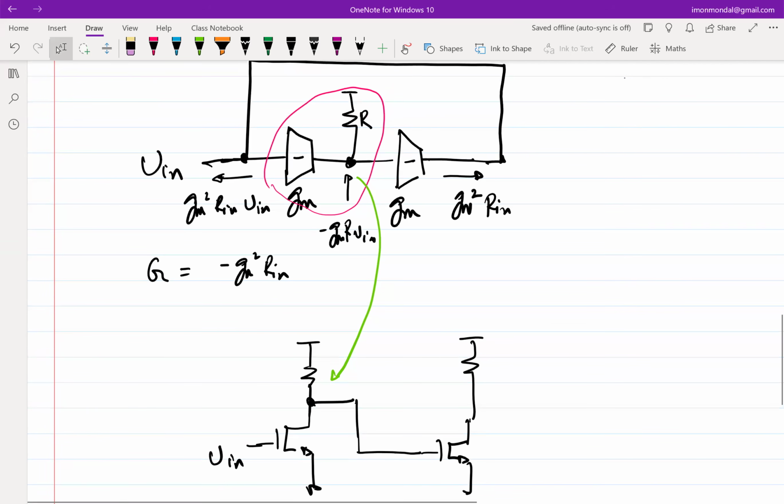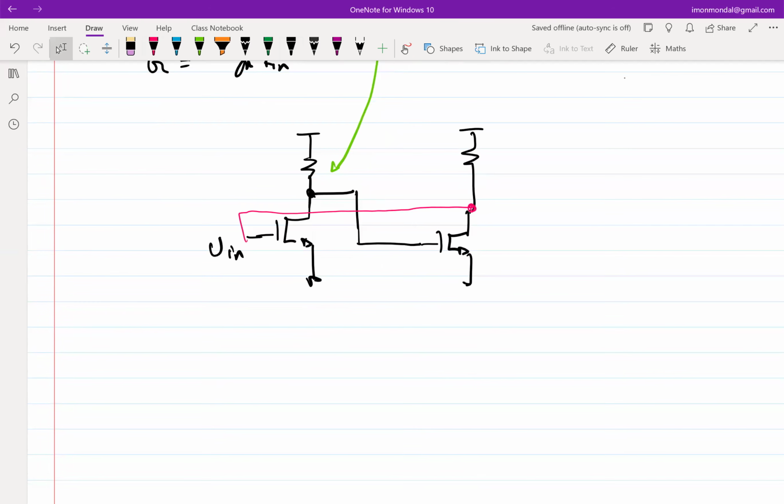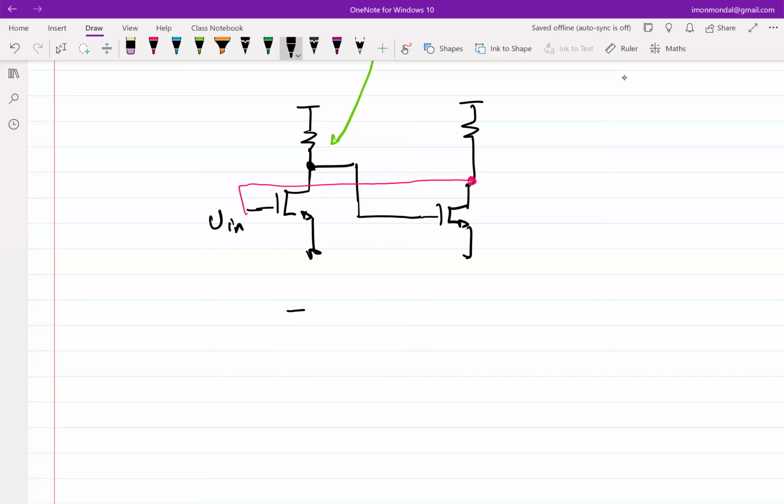And then what happens? The output goes to the V in, right? Essentially, you get something like this. And if I now make it slightly neater and flip the first transistor, it looks like this.